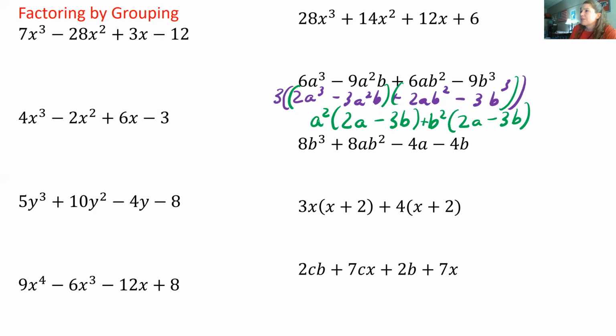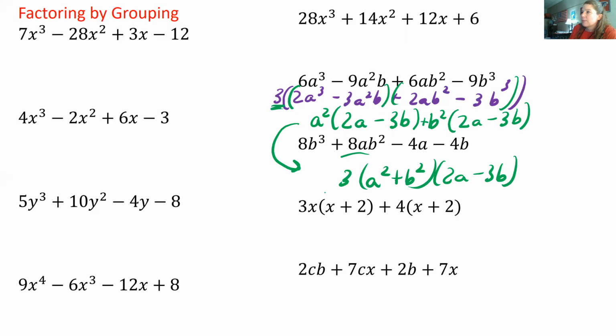So our final answer is a squared plus b squared times 2a minus 3b, but then you cannot forget that 3 we pulled out. Because if we didn't pull out that 3 to start with, when we started factoring this way, we would have things in the parentheses with common factors still. So go ahead and pull it out to begin with and get that part over with.